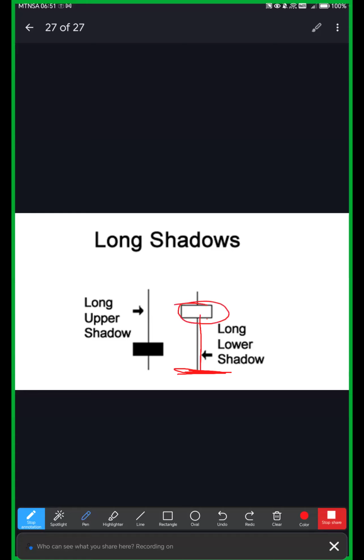So this is a message telling you that this signifies buying pressure. When you see a candle with a long lower shadow and a short upper shadow, this signifies that there was strong buying pressure. Here, there was strong selling pressure.